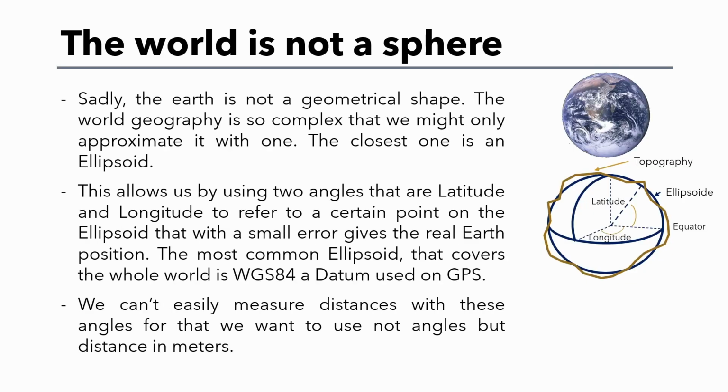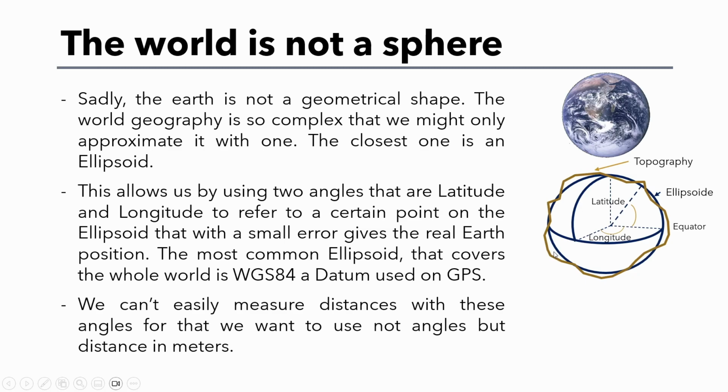Sadly, the Earth itself is not geometrical. The world's geography is so complex that we can only approximate it with a geometrical shape. The closest one is an ellipsoid that you can see here on the right. Let's imagine that the Earth itself is going to be our topography, this brown line over here with a lot of elevations.